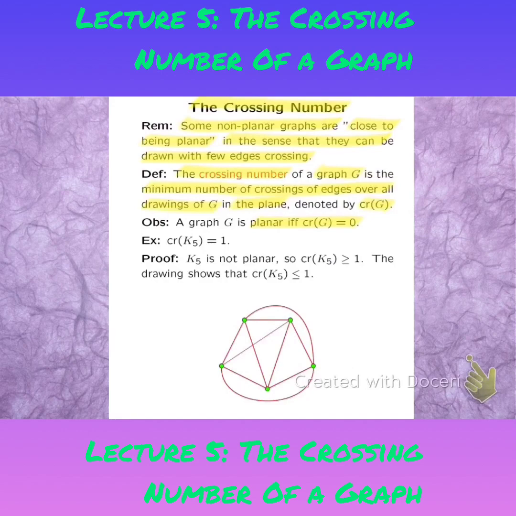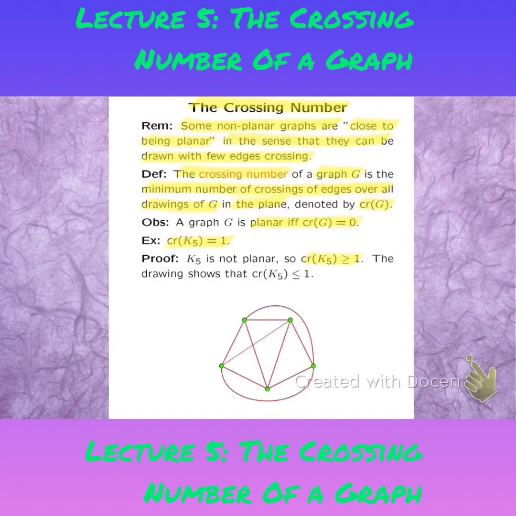As an example, how would we go about proving that the crossing number of a particular graph is an exact number? If you look at K5, to prove that the crossing number of K5 is 1, you need to show that the crossing number of K5 is at most 1, and it's also at least 1. It's at least 1 because it cannot be 0, because K5 is a non-planar graph.